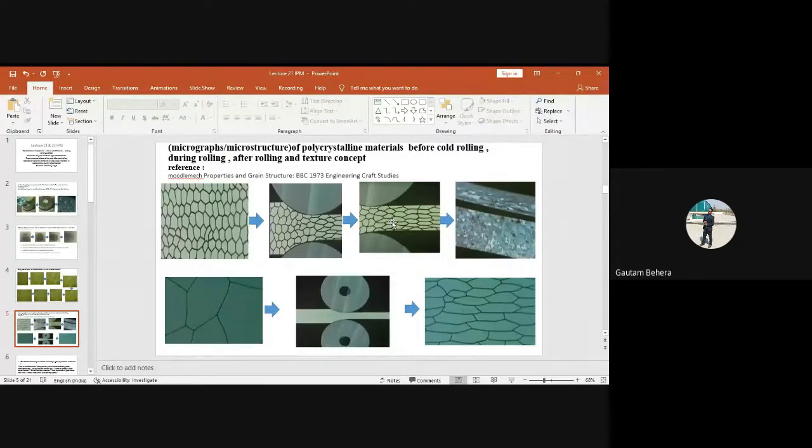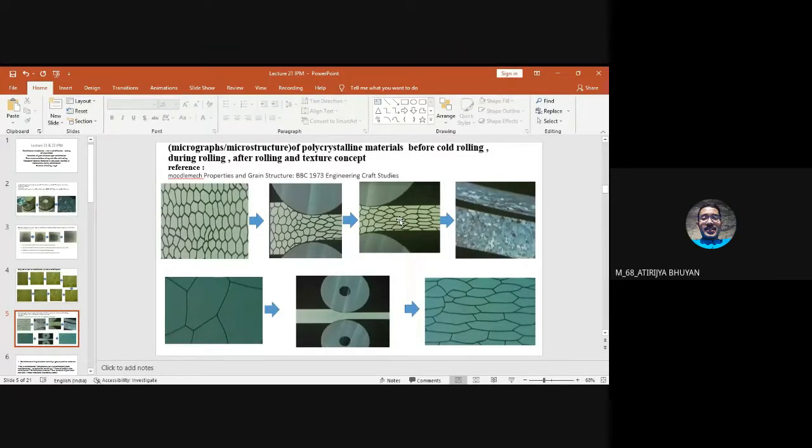So how many of you remember whether an individual grain is anisotropic or isotropic? Let me see who can answer. This is a polycrystalline material. So is an individual grain of a polycrystalline material isotropic or anisotropic? Nobody remembers? Anisotropic. Very good.